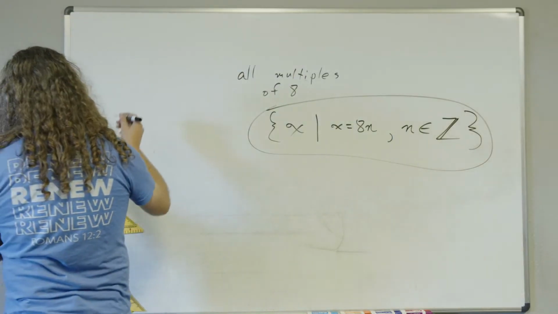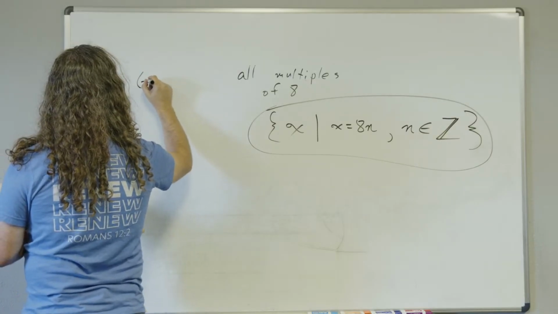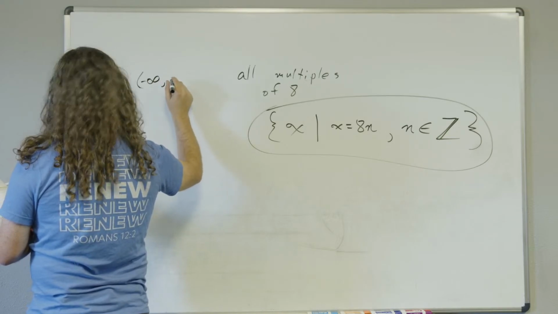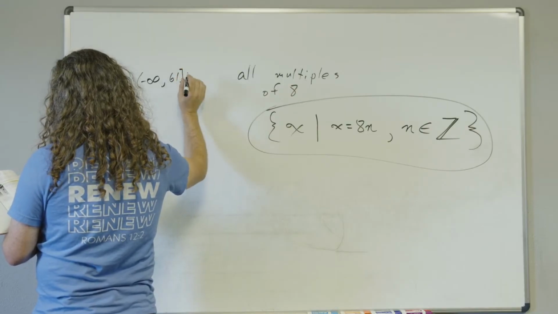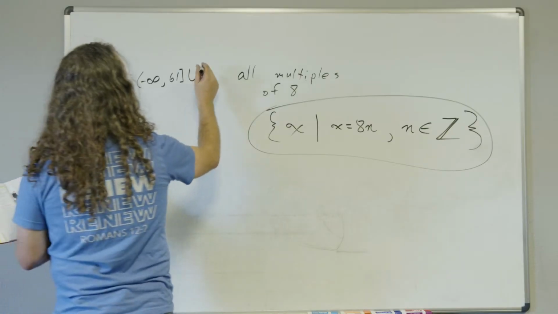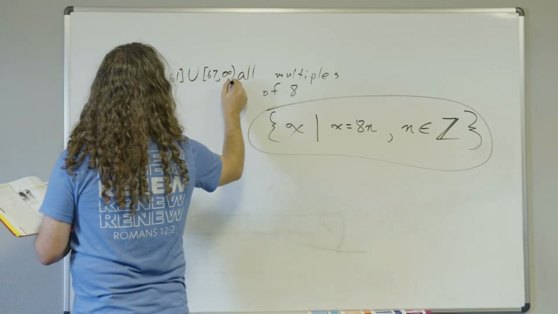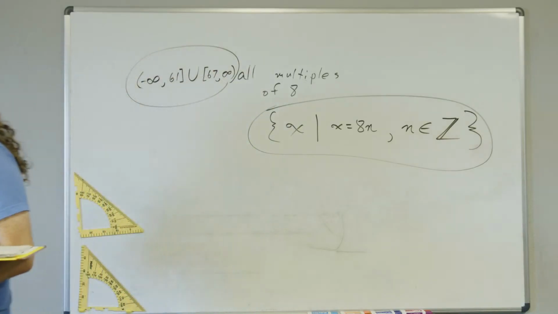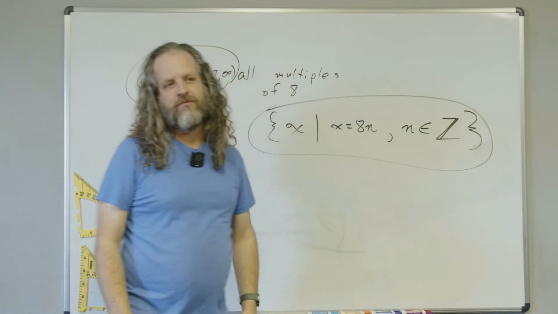But for interval notation on number 10, you would say negative infinity to 61, including 61, and union 67 to positive infinity. Okay, it's union. That's what I was thinking. And then the set builder notation would look like this with the problem right here and real numbers.